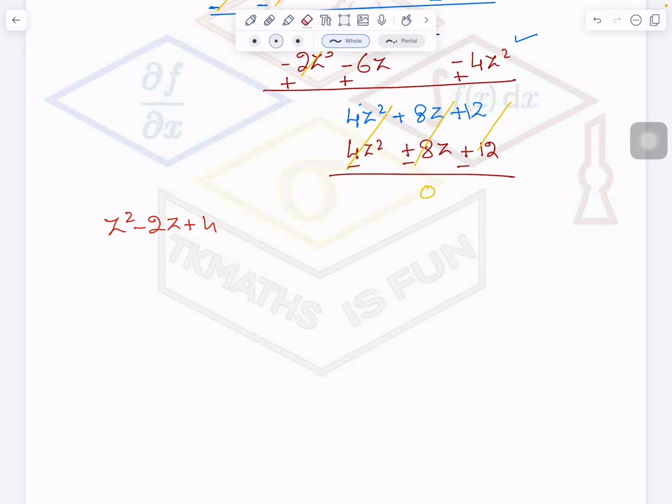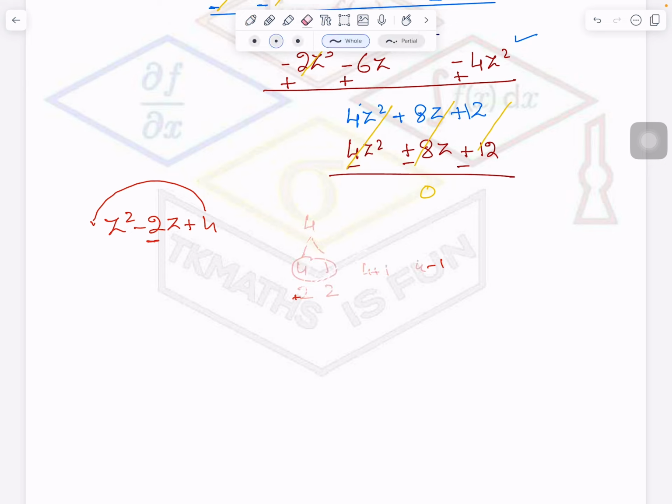When you do middle term breakup, you multiply the constant by the coefficient of z square, which is 4. So the factors of 4 are 4 times 1 and 2 times 2. Now which one will give you minus 2? 4 and 1 will not, because 4 plus 1 is 5 and 4 minus 1 is 3. You can't get minus 2. Similarly, plus 2 and minus 2 will give 4 and minus 2 plus 2 will cancel out. So you cannot do middle term breakup here.